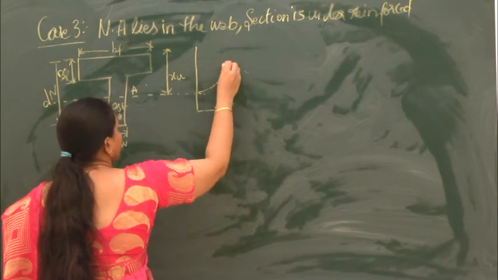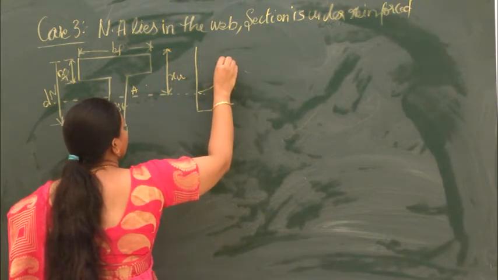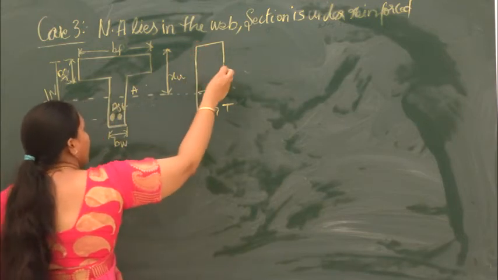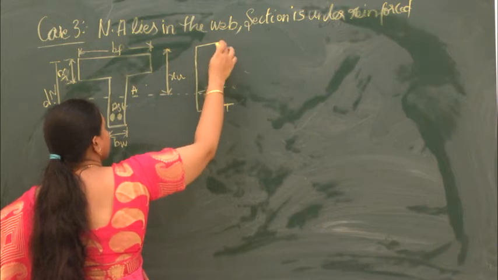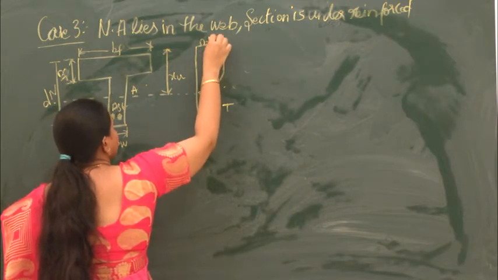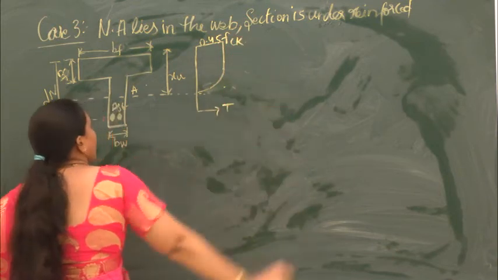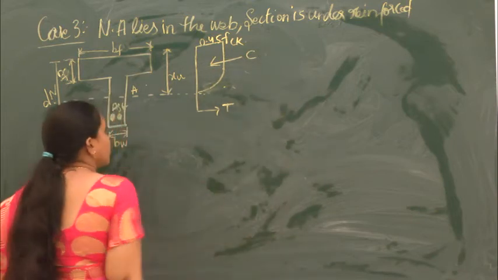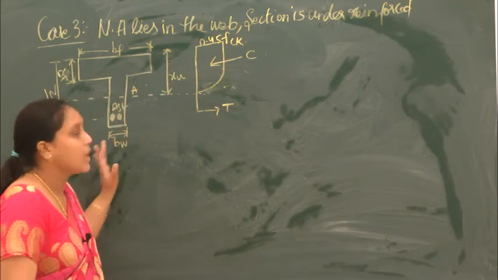And the stress block will be a parabola up to 0.002 strain, and up to 0.0035 strain it will be linear, and the stress here will be 0.45 fck, and here you are going to have the compressive force C. So this is going to be your stress block.